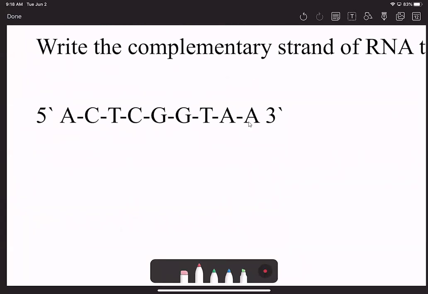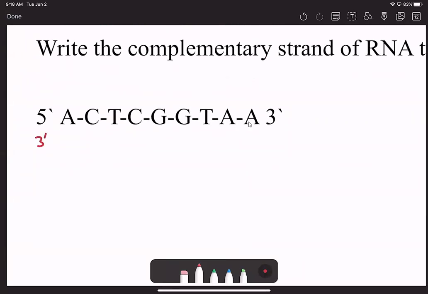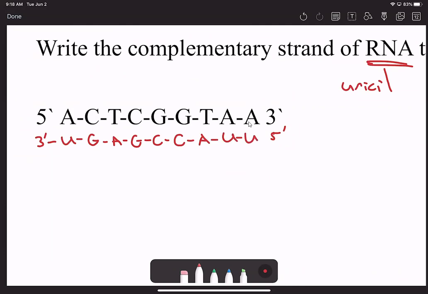If we wanted to do a complementary RNA strand, well, we're not going to use thymine anymore, we need to use uracil. So here, instead of A going to T, A would go to U. C goes to G, T goes to A, C goes to G, G goes to C, G goes to C, T goes to A, A goes to U, and A goes to U again.